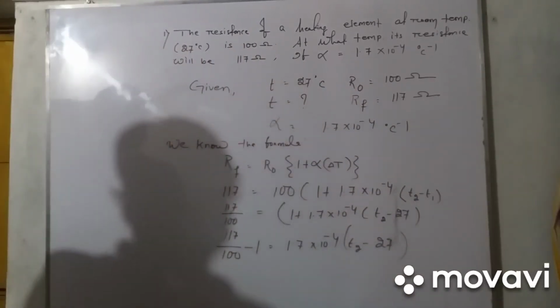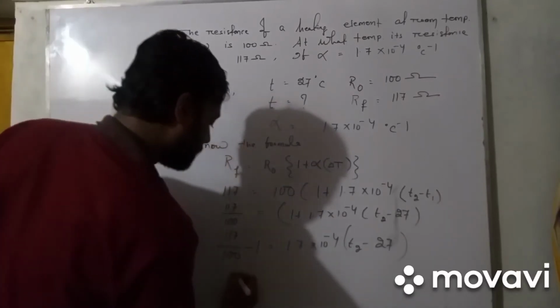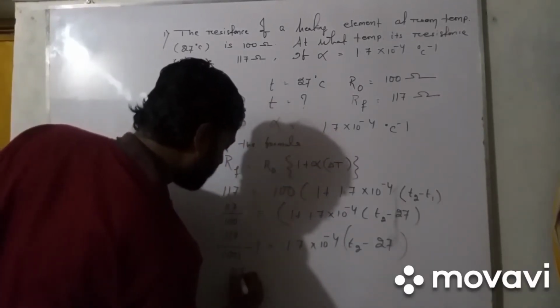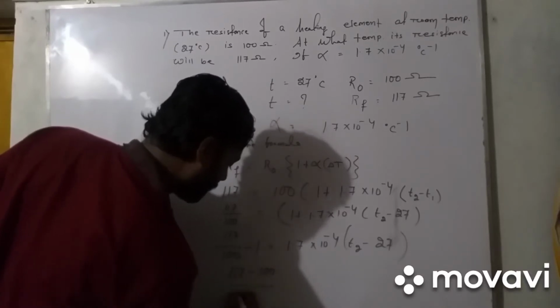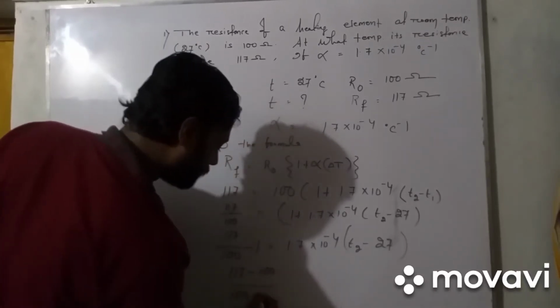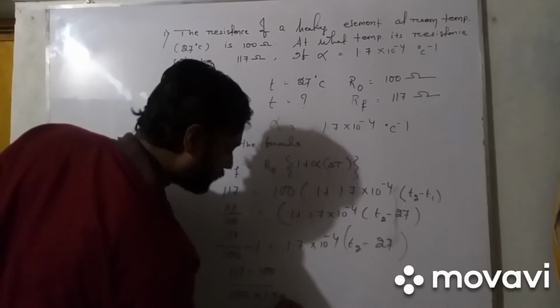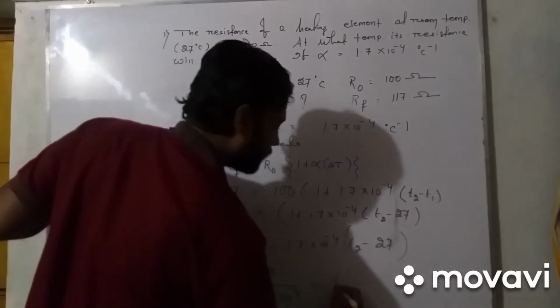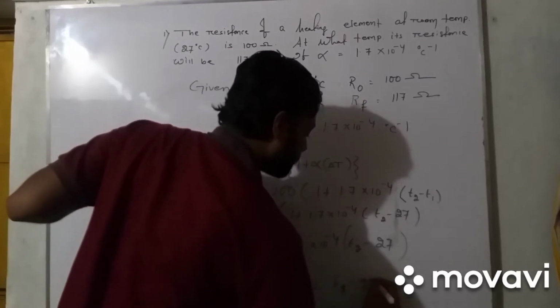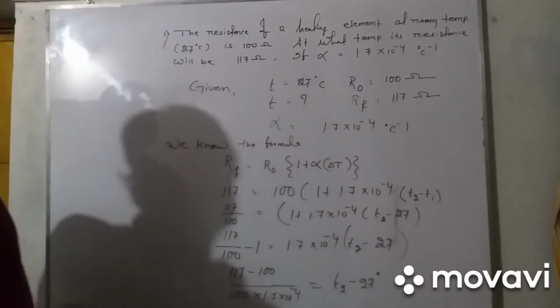So in that case, 117 minus 100 divided by 100 into 1.7 into 10 to the power minus 4 is equal to T2 minus 27 degree. Clear?